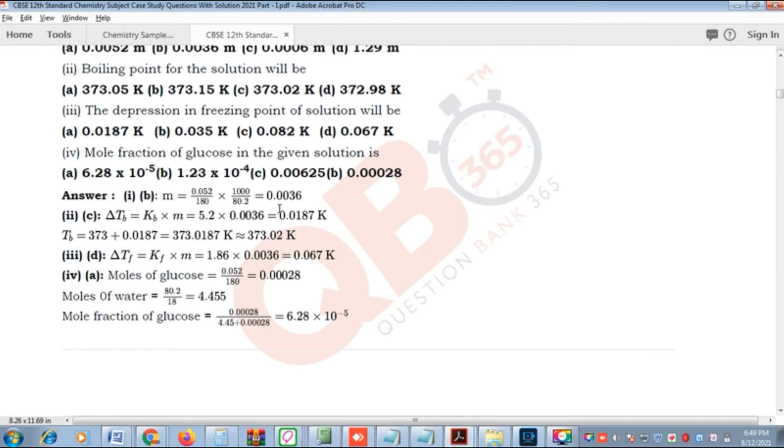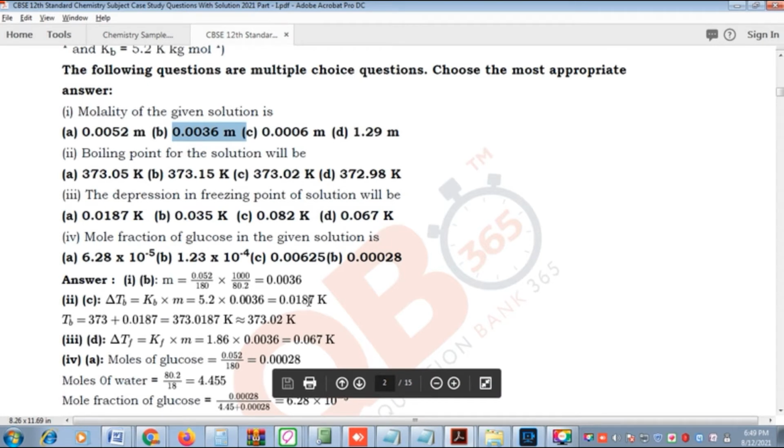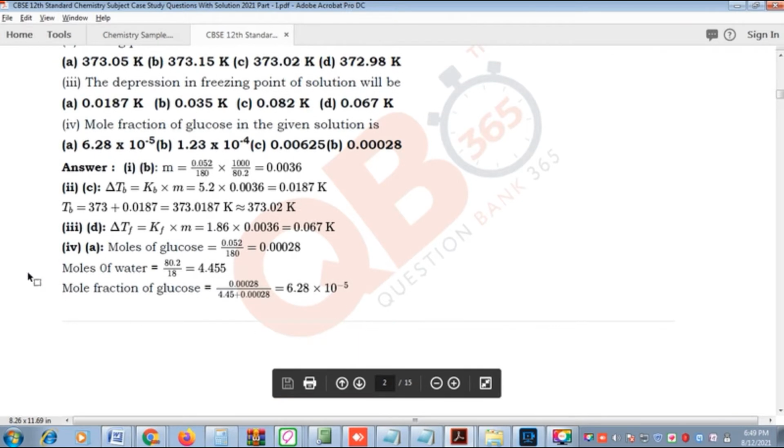The first answer is 0.0336, option B. For the second one, the option is C, 373.02 K. The third one is option D, 0.067 K. Following that, we explain the way to answer the fourth one. You can follow it.